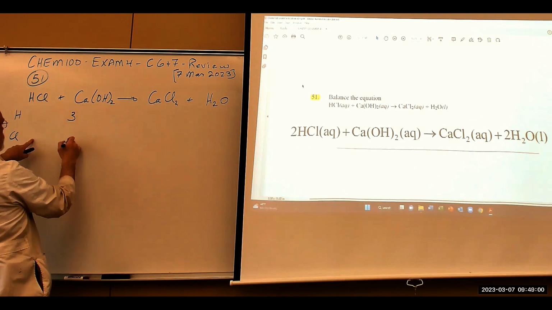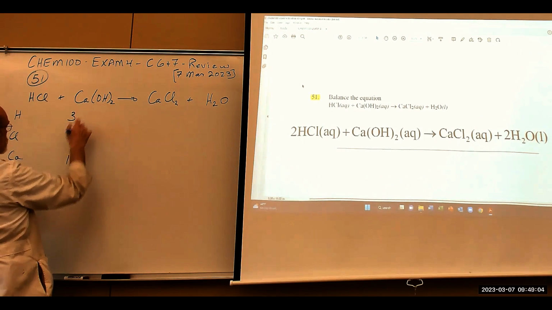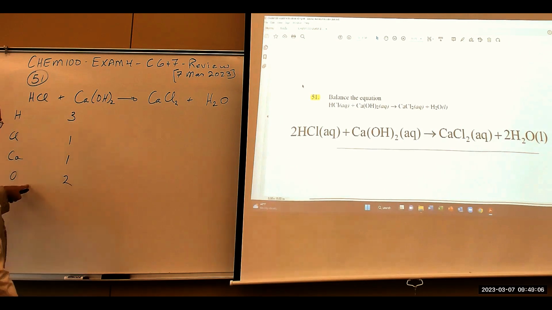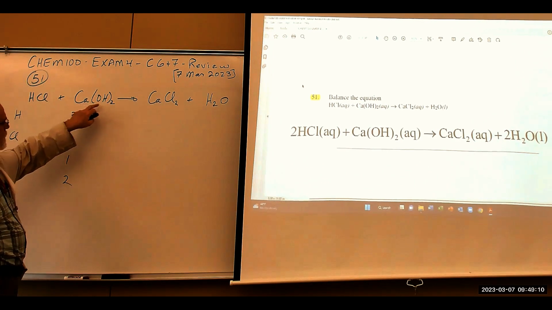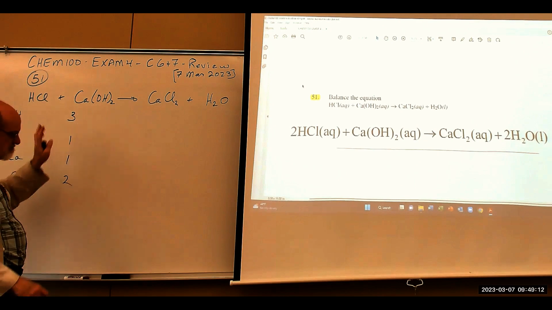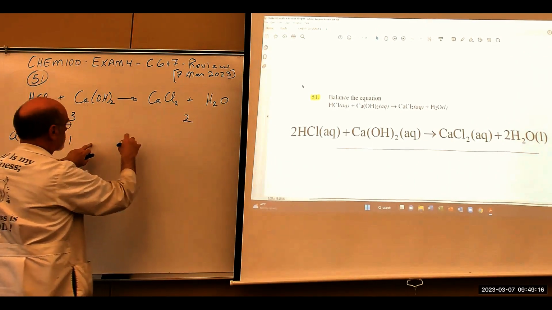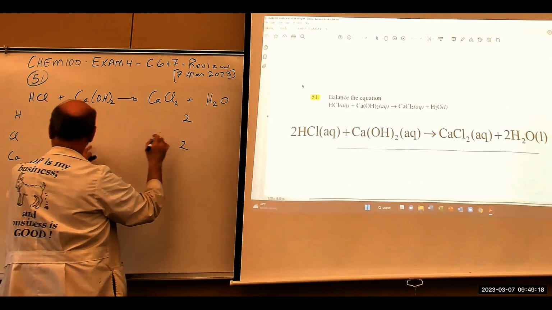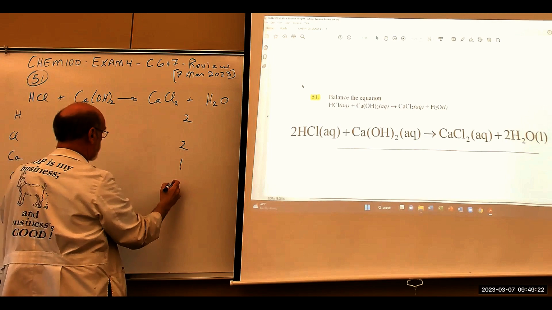We have one chlorine, we have one calcium, and we have 2 oxygens. Let's see, that's 2, 3, 4, 5, 6, 7. 1, 2, 3, 4, 5, 6, 7. It's good. Hydrogens, we have 2 on this side, 2 chlorines, 1 calcium, and 1 oxygen.